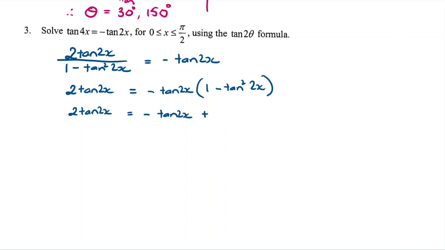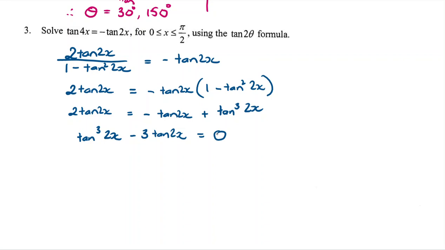Okay, back to it. We were expanding, which you've already done. Tan cubed of 2x. Then you should have got it all on the one side. And the 2 tan 2x and then plus another tan 2x would make a 3, although I'm going to go the other way. It'd be minus 3 tan 2x equals 0.